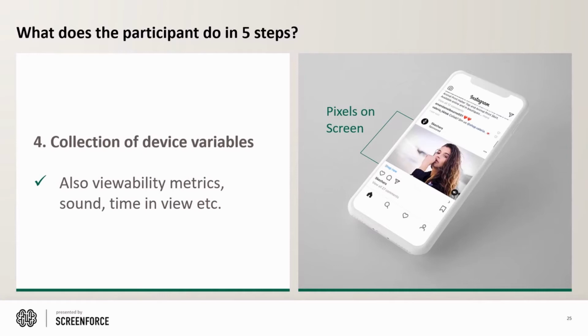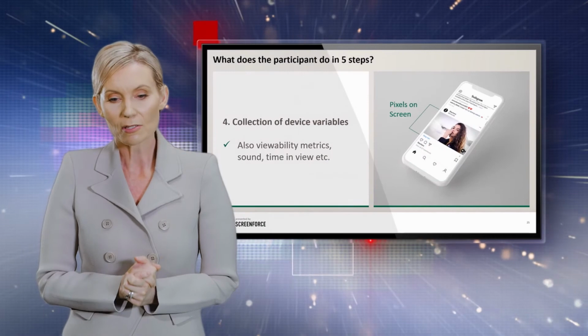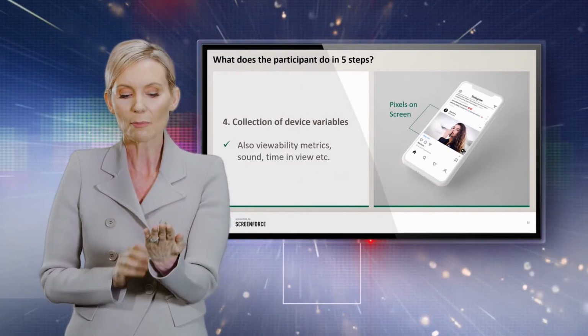We collect viewability metrics, so we can tell how much of the ad was on screen, whether the screen was covered by the ad or not. We collect how long it was on screen for. So those are a whole lot of interesting variables as well, which the results will show have a very high relationship with ad impact.